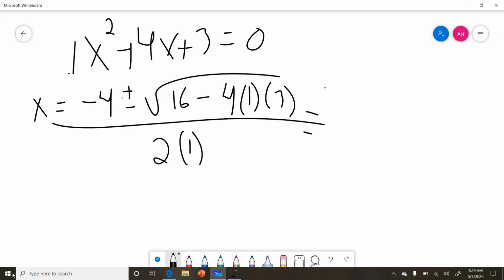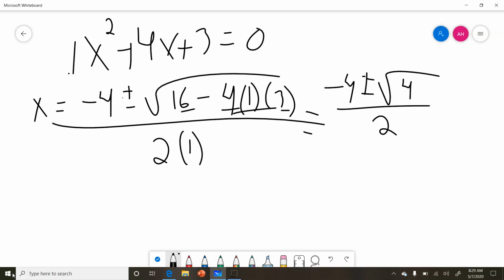So that's going to equal negative 4 plus or minus the square root. Okay, what is 4 times 3? It's 12. What is 16 minus 12? That's 4. So the square root of 4 divided by 2. So now I have x equals negative 4 plus or minus 2, right? The square root of 4 is 2, divided by 2.